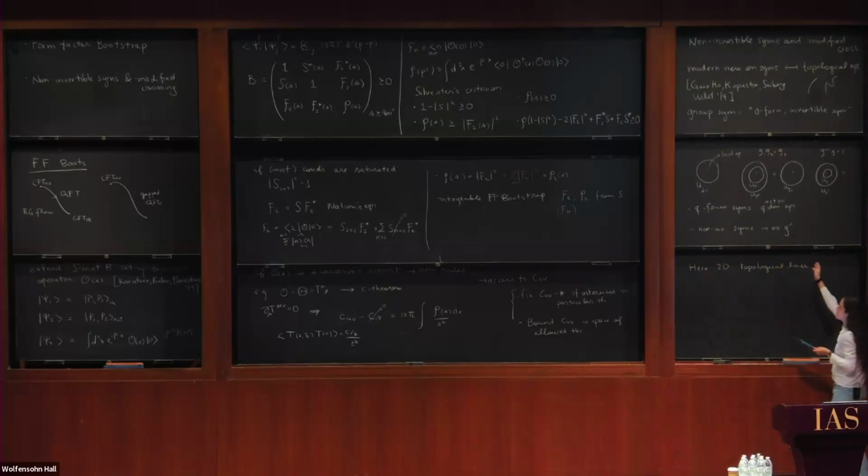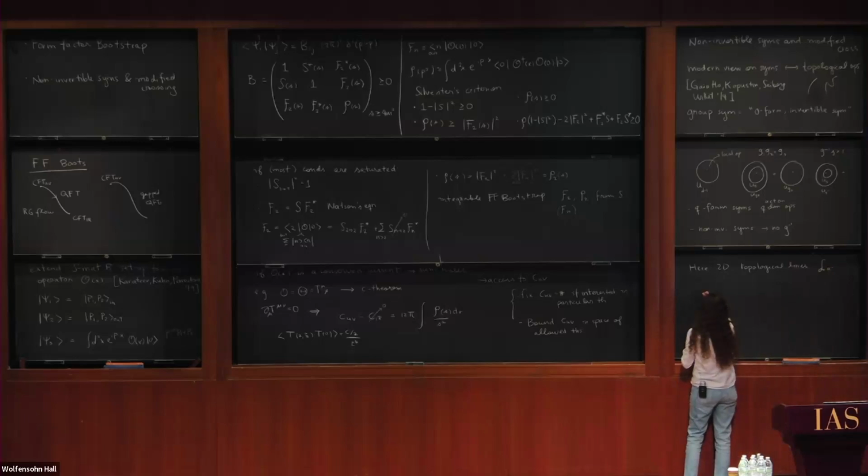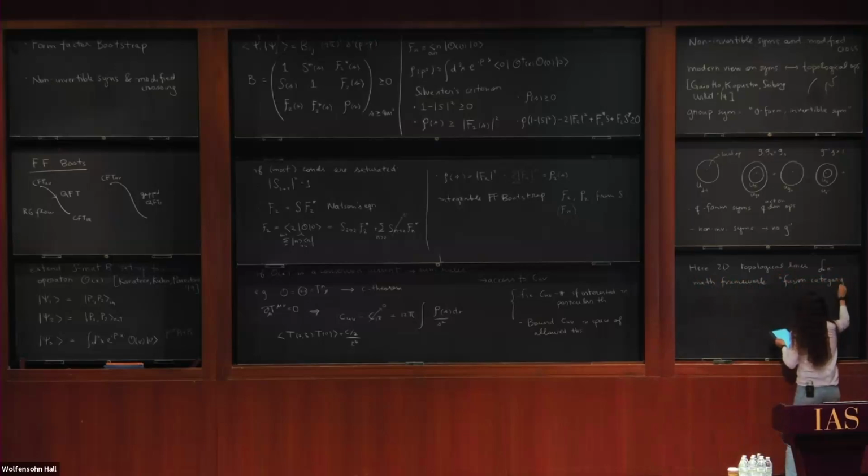But I don't require the inverse, so I have both invertible and non-invertible things. I will denote these lines L_A. The mathematical framework to describe this is called fusion category, which I, of course, don't have time to review nor know enough about.